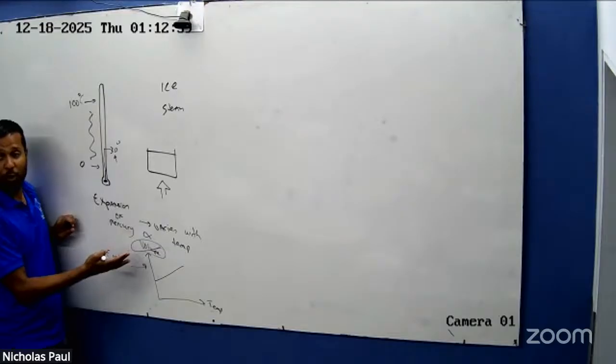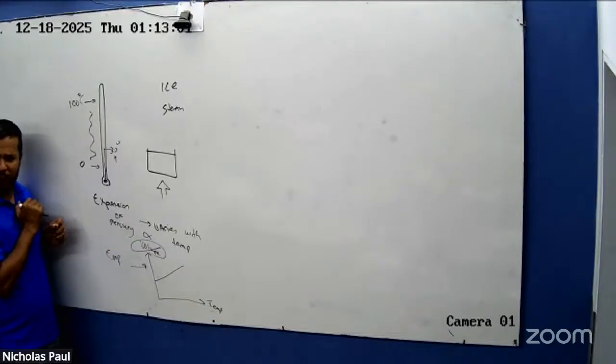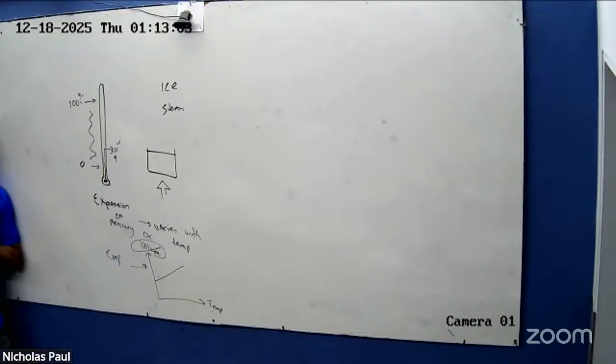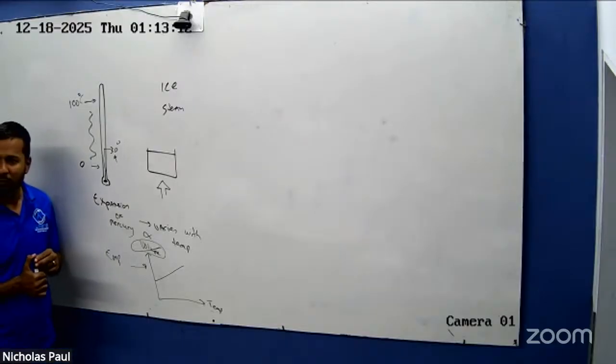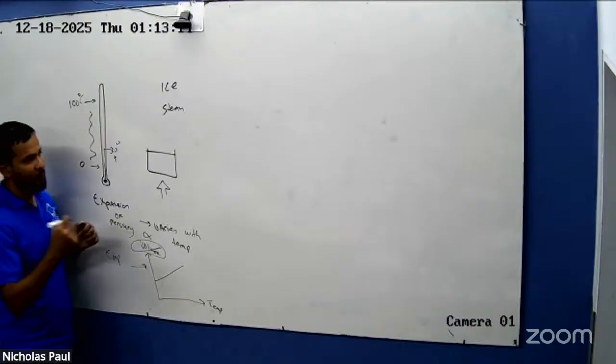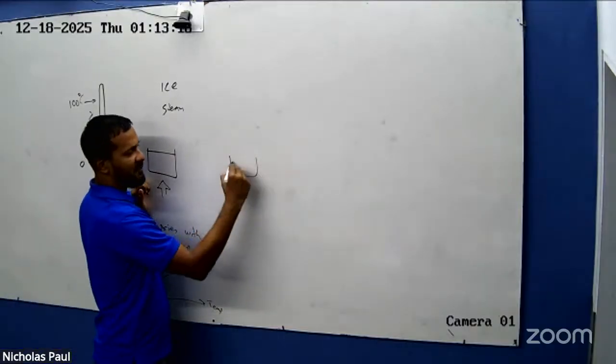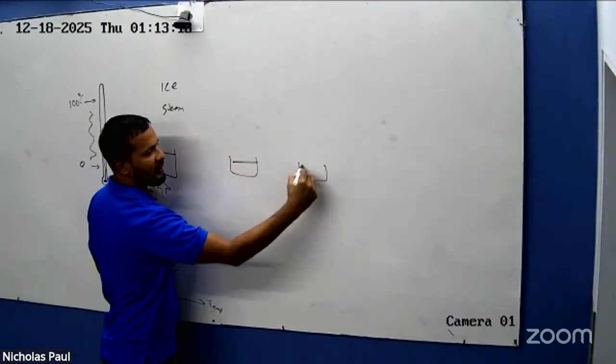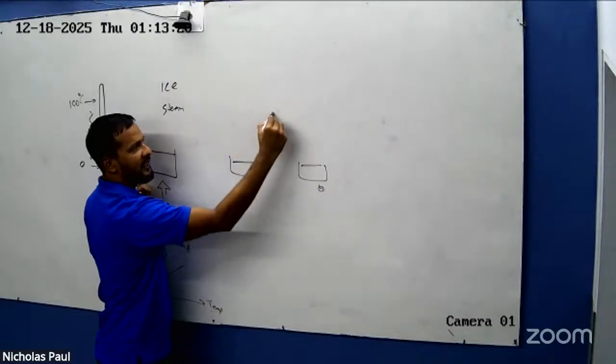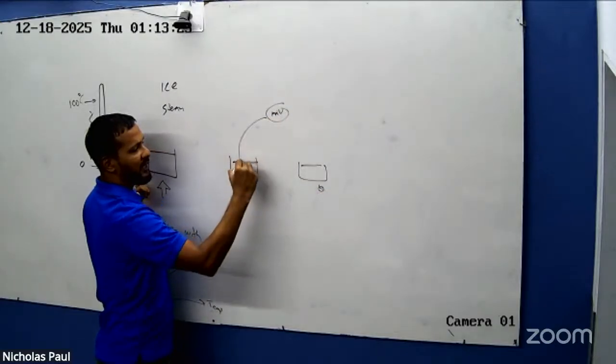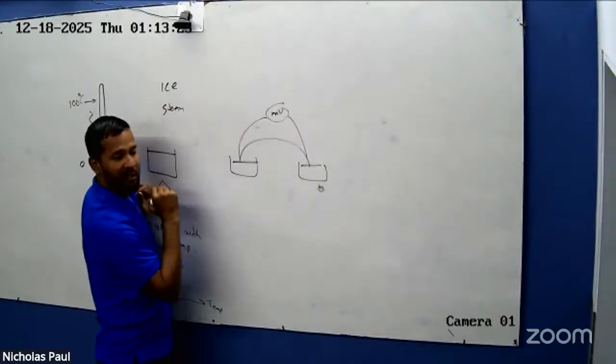It can be volume. Anybody know a different thermometric property? What's the next thermometer that we use? You can remember learning about something called a thermocouple. A thermocouple works like this. You have a fixed temperature, you have something unknown, and you take a millivoltmeter and connect it here and you have a little circuit.